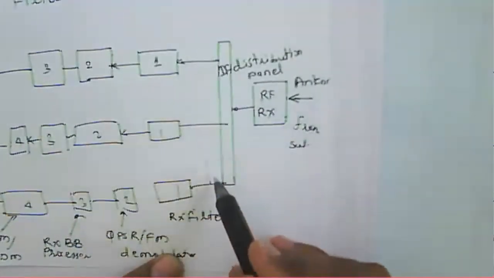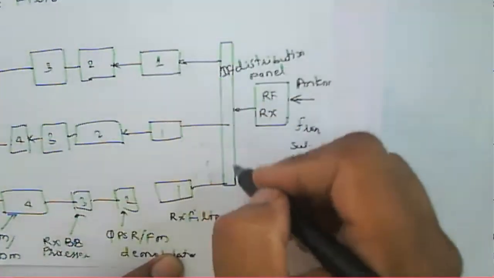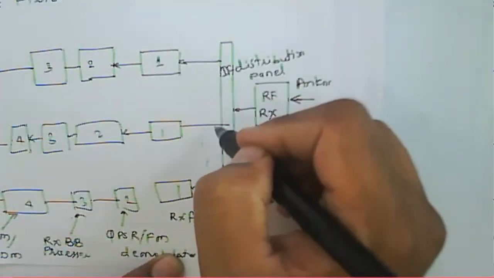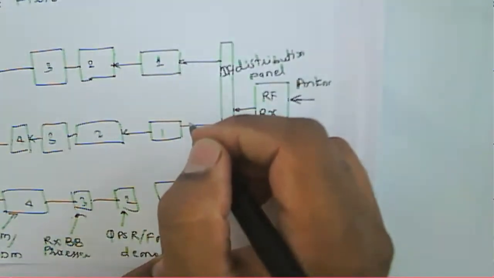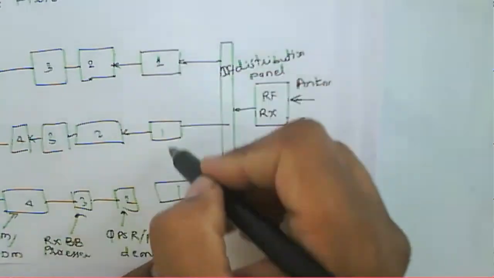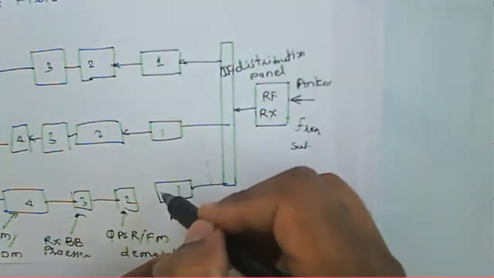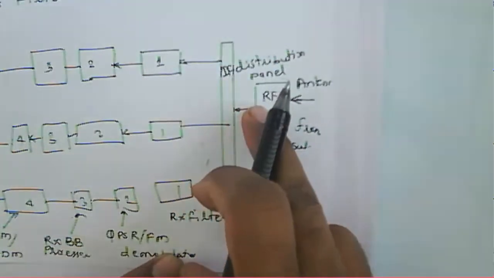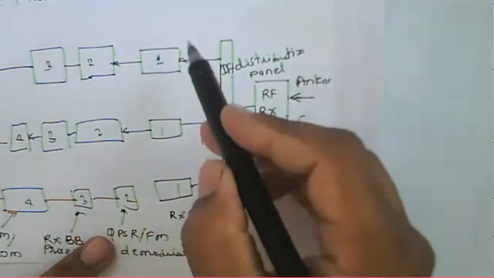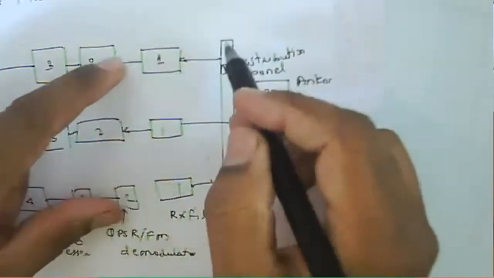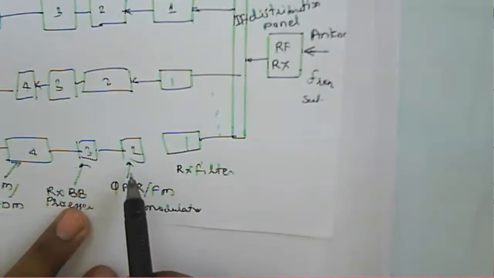The IF distribution panel separates each carrier because it has different receive bandpass filters that separate the carriers. Then after separation, they will be transmitted to the demodulator.